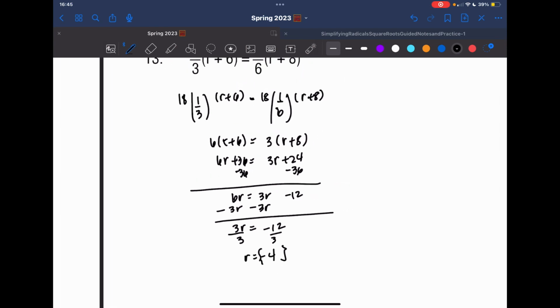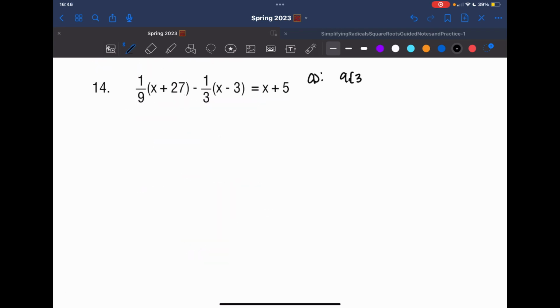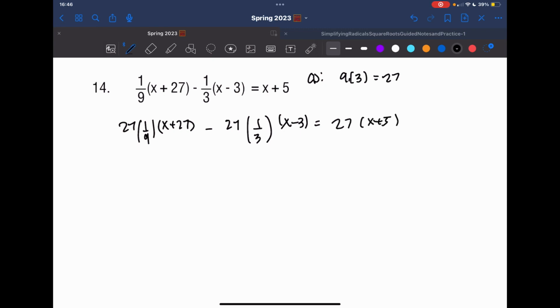This is number 13. Going to be 9 times 3, which is going to be 27. Okay, so then 27 times 1 over 9 x plus 27 minus 27 times 1 over 3 x minus 3 equals 27 times x plus 5. So then we get 3 times x plus 27 minus 9 times x minus 3 equals, distribution.